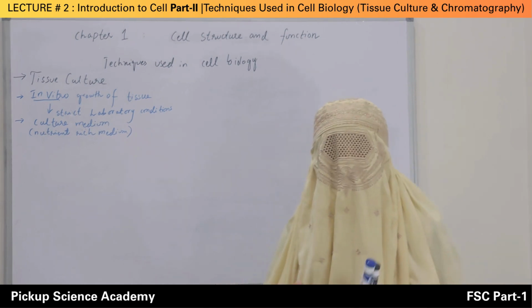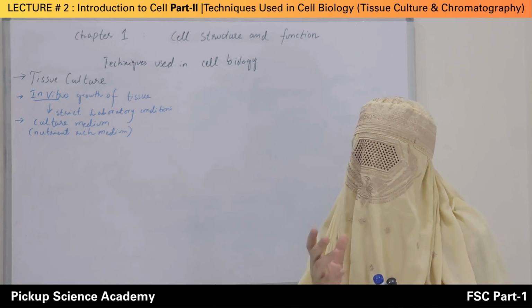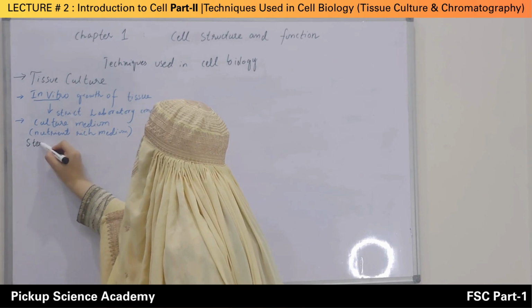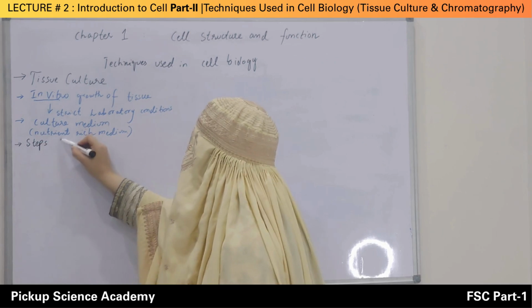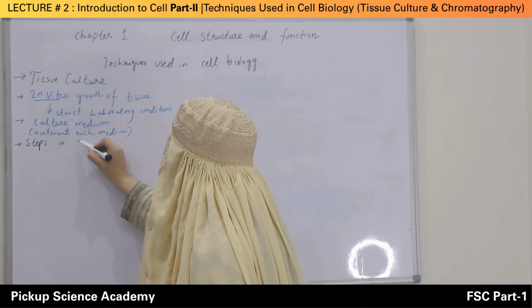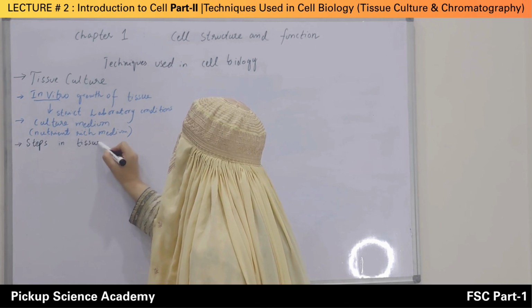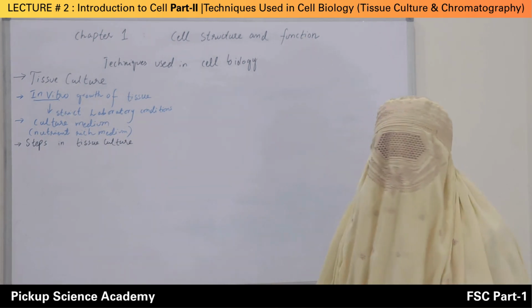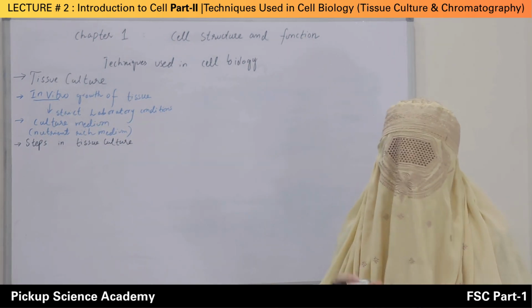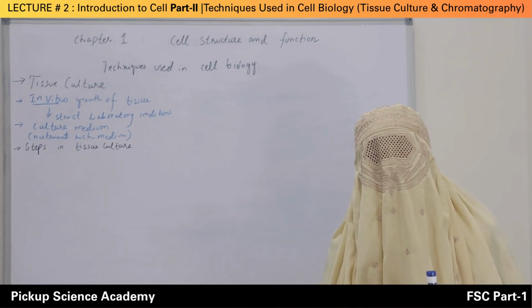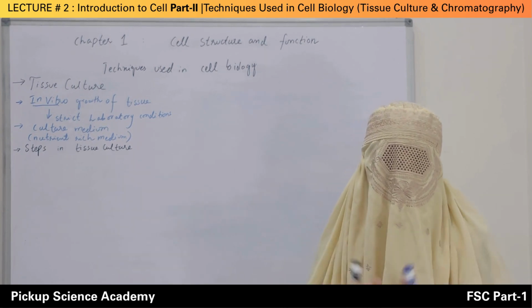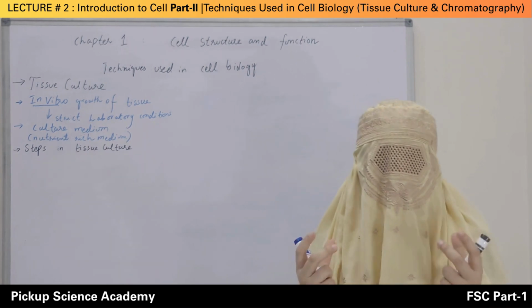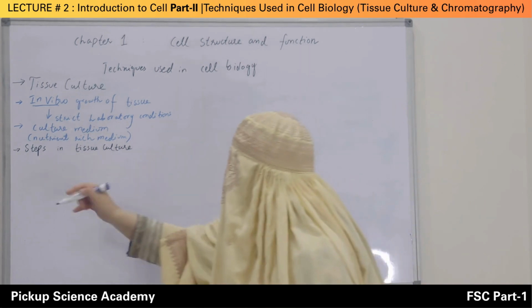So let's see the steps which are involved in tissue culture. The very first step in tissue culture is that we take a healthy organism. For example, suppose we take a healthy plant.